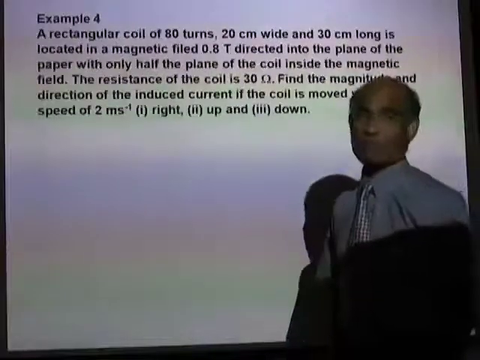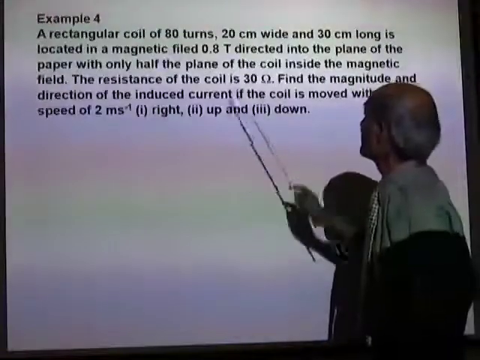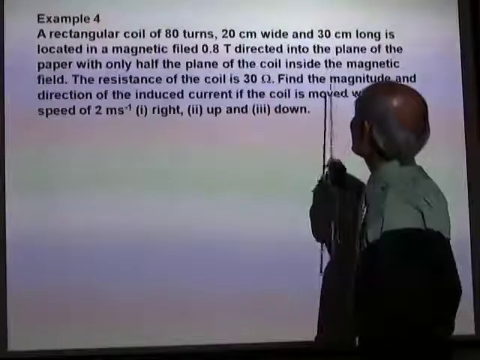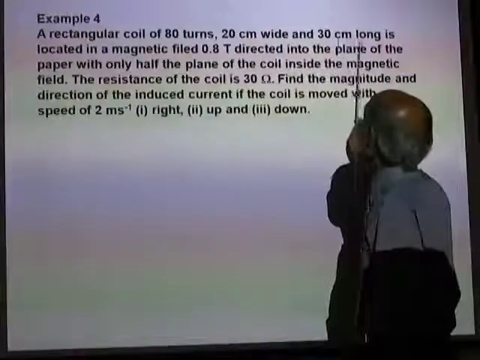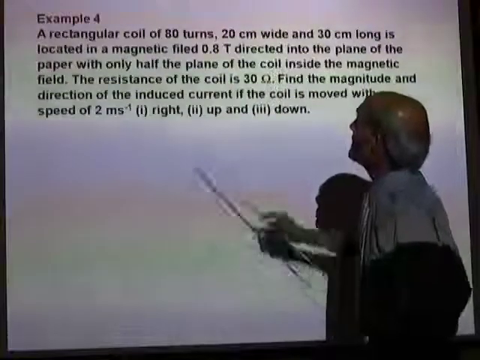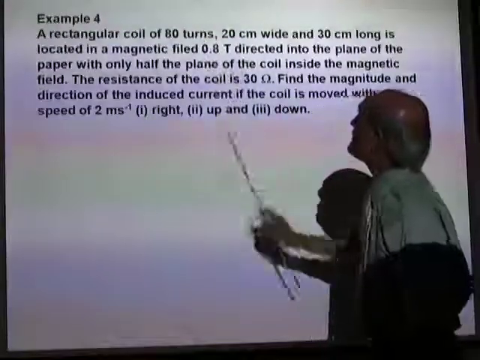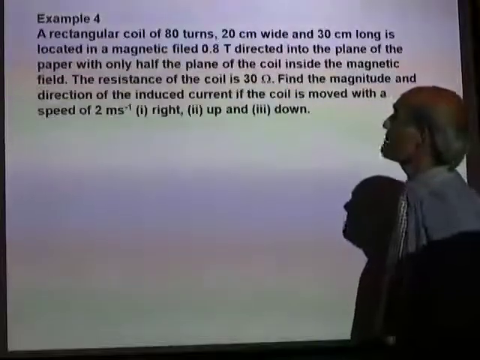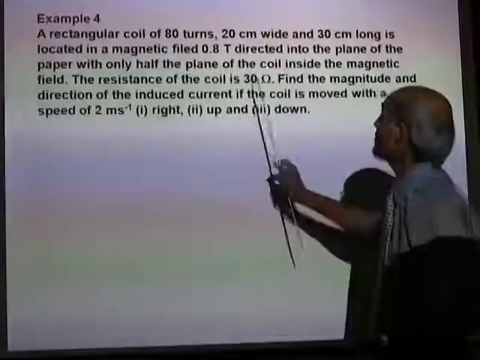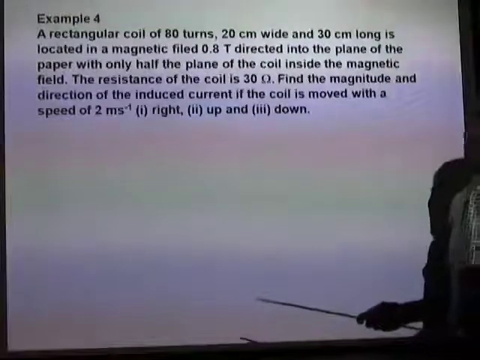Another example. A rectangular coil of 80 turns, 20 centimeter wide and 30 centimeter long. You can see the length and width gives you the area. Is located in a magnetic field of 0.8 Tesla directed into the plane of the paper with only half the plane of the coil inside the magnetic field.